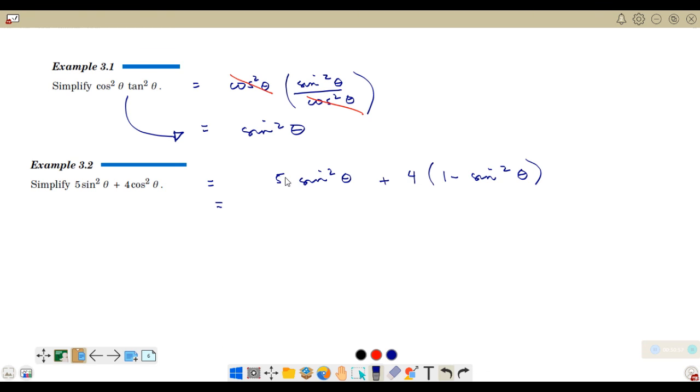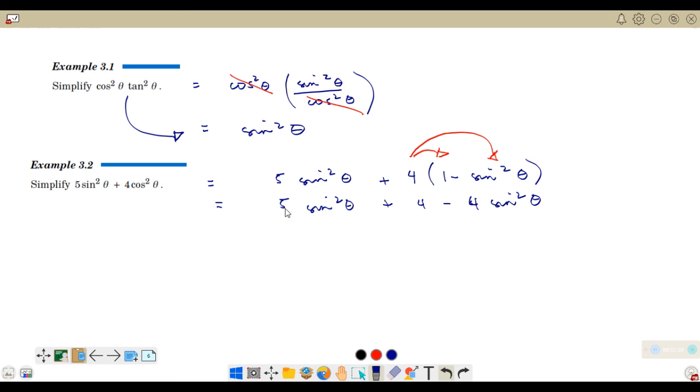Yan. Sorry. Pero, gagamitin din natin siya sa trigonometry. We have to distribute 4 onto both numbers inside the parentheses, both terms. So, we have 5 sine squared theta plus 4 minus 4 sine squared theta.